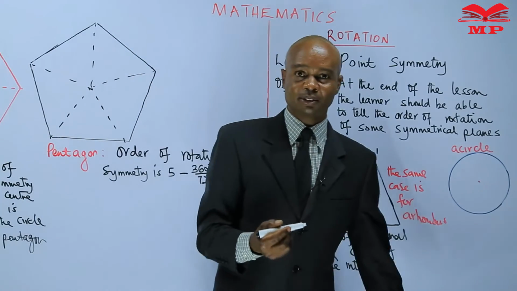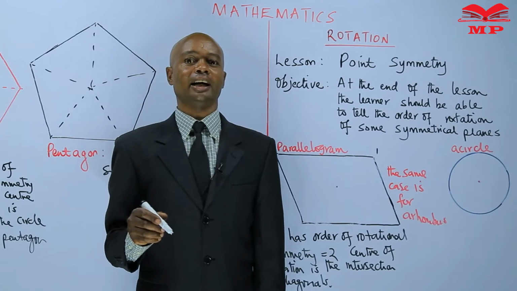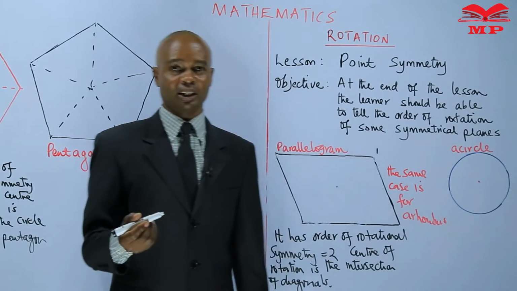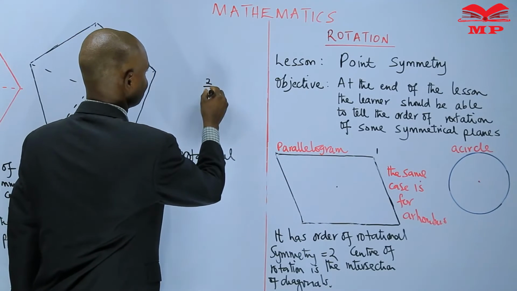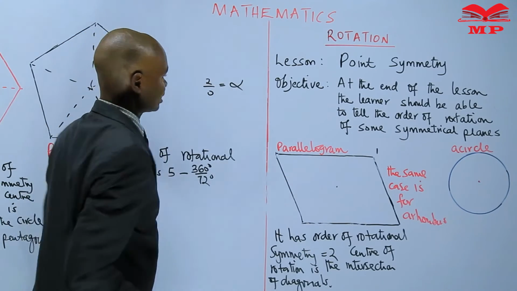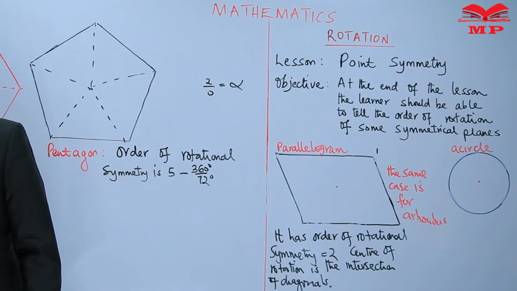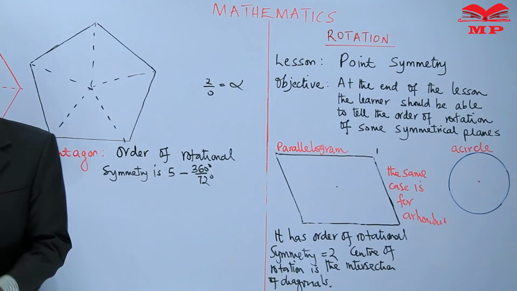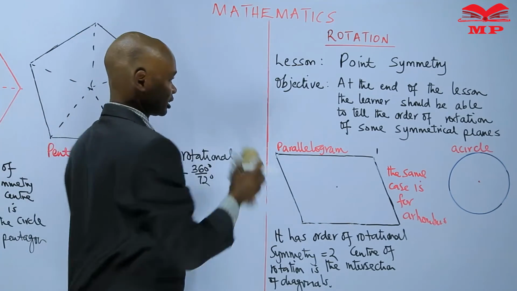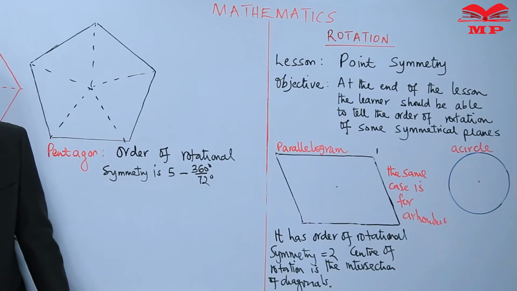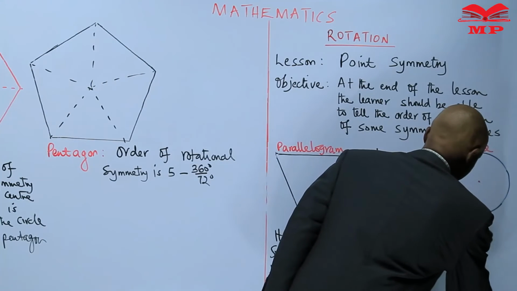The meaning of infinite is not countable. At some level, you'll discover that 2 divided by 0 will be infinite. Infinity, like the tangent of 90, 1 divided by 0.